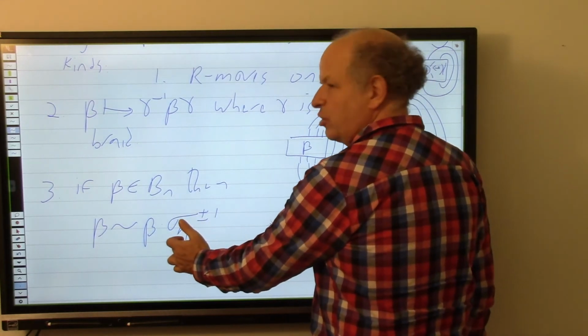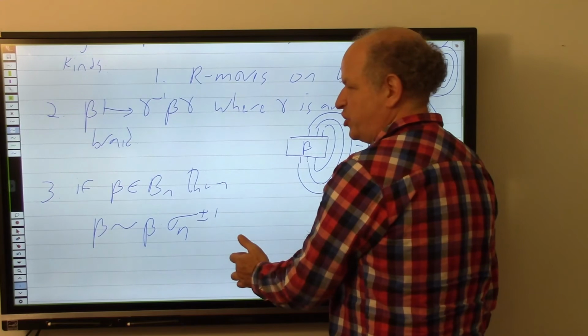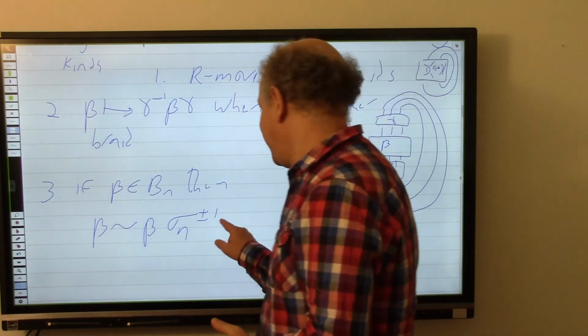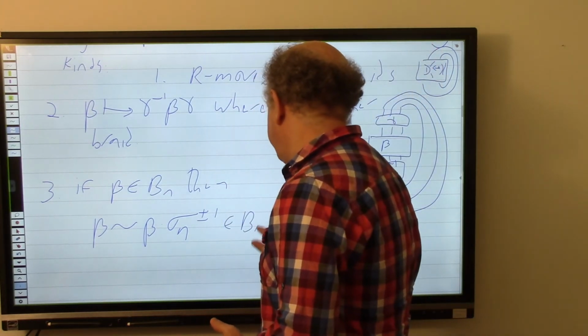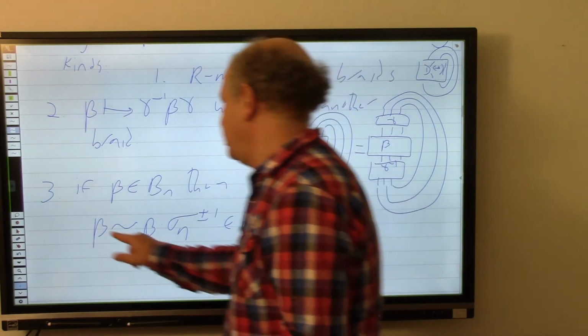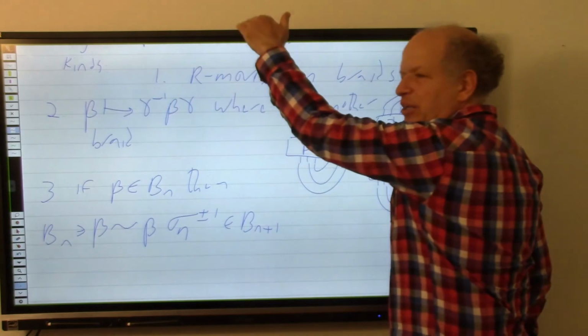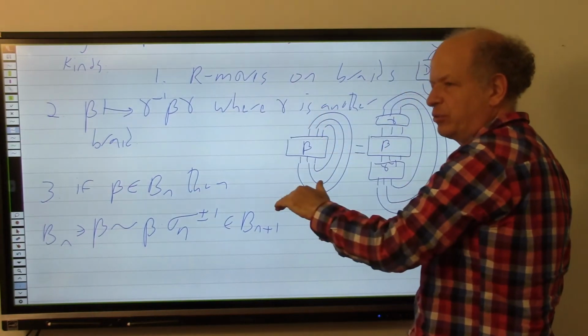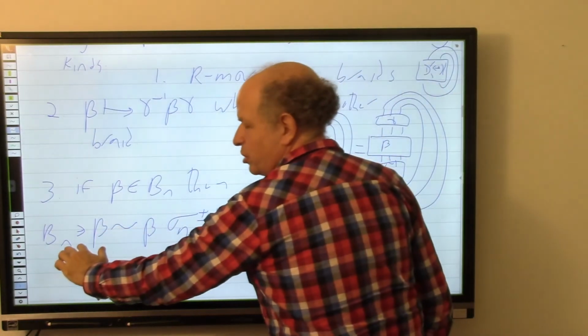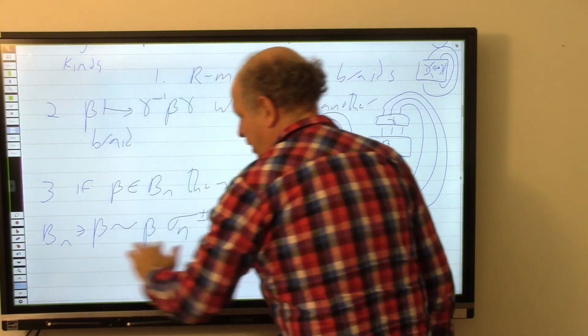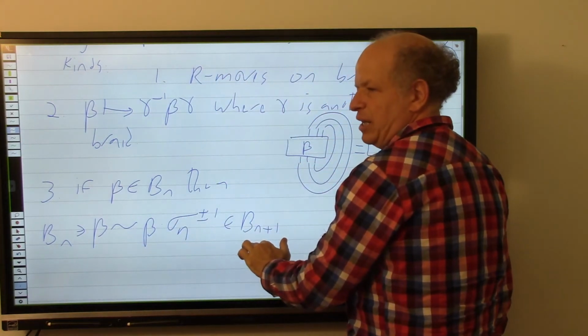So it's the braiding of the nth position with the n plus first position. So this actually lives in Bn plus 1. Okay? So all the previous relations happened within a single braid group, but this relates a braid in Bn with a braid in Bn plus 1.